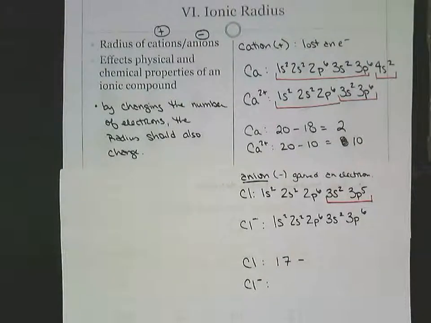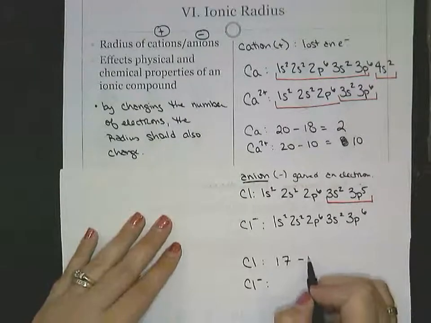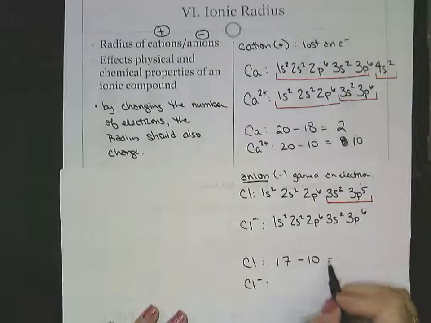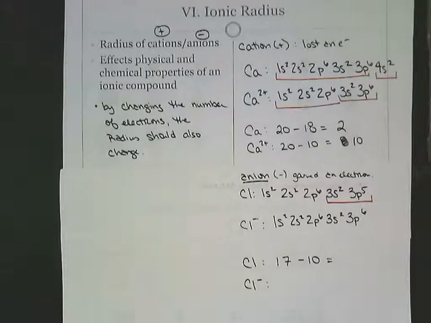So how many core electrons do I have? 10. Or you could just count up the core electrons, that'd be fine too. So what would be the Z effective for this? 7. Did I do that right? Core electrons. Yep.